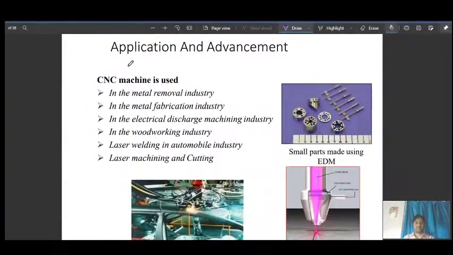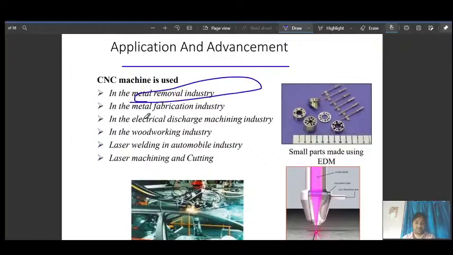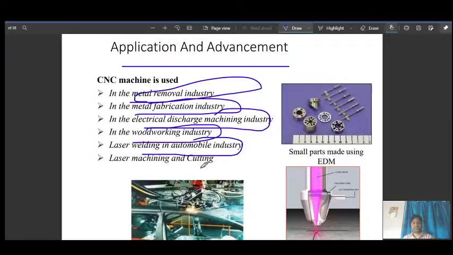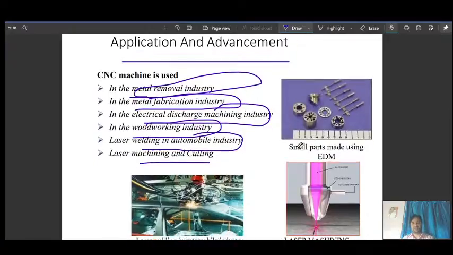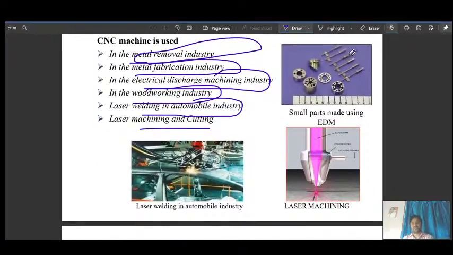Then application and advancement in CNC machines. Obviously, the metal removal industry, metal fabrication industry, electrical discharge machining industry, woodworking industry, welding and laser welding, automobile industry, laser machining and cutting. As you can see, a small part made using EDM.